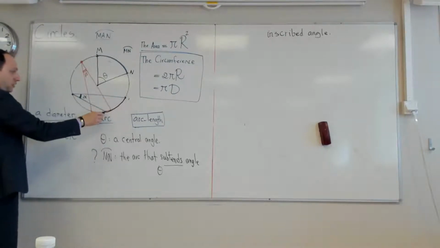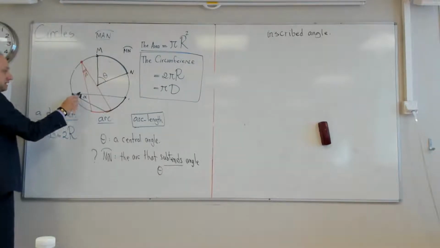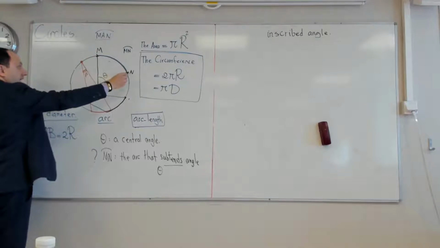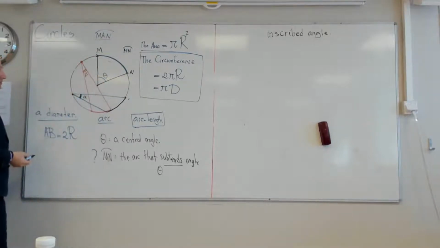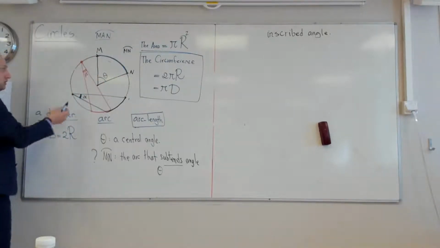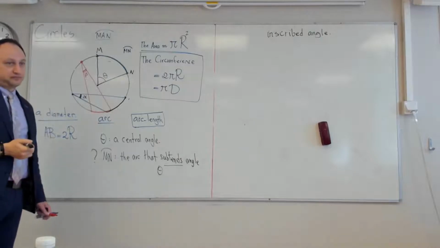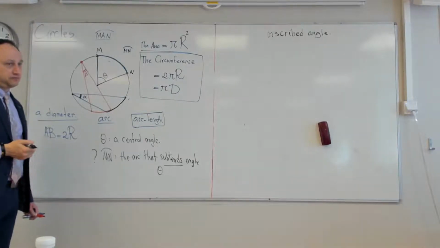Yes, this black part is the arc subtended by alpha. And this arc is the arc subtended by theta. So these are the angles whose properties we are interested in discussing. Any questions, people at home? No. Okay.